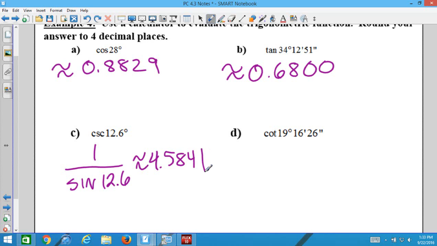And the last question, cotangent 19 degrees, 16 minutes, 26 seconds. Can you do that one while I work it out? If you haven't.